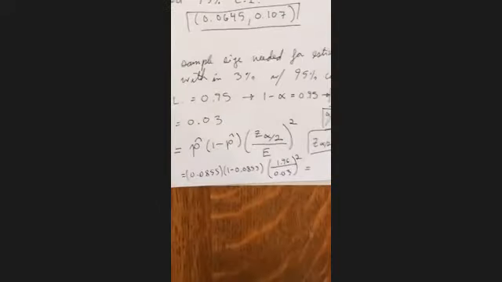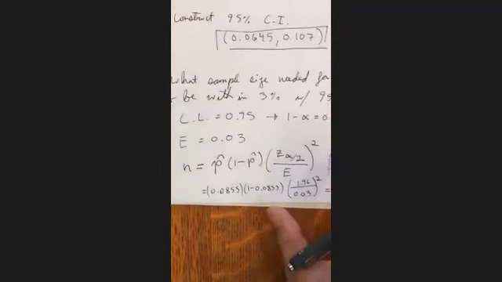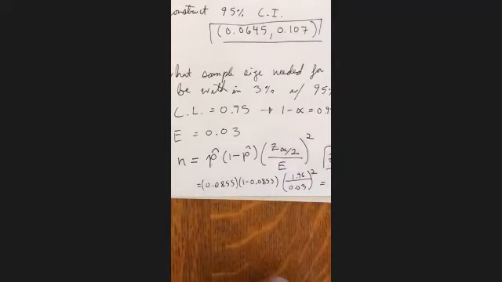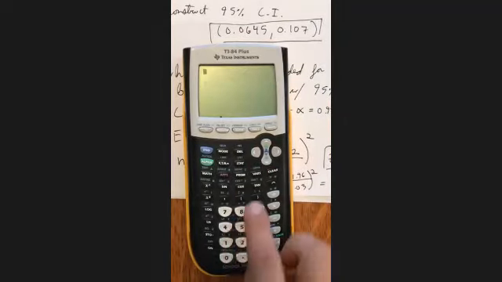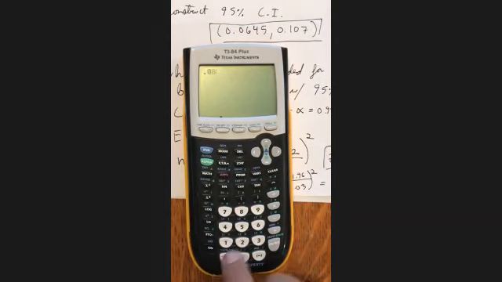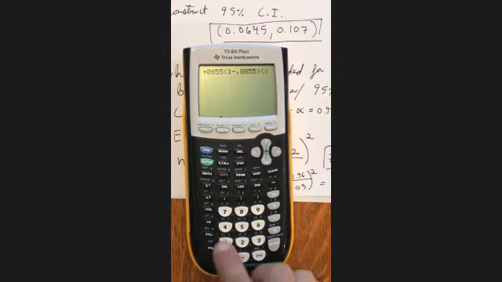So this is what we're calculating. Put it into a calculator. That is 0.0855 times 1 minus 0.0855 times 1.96 divided by 0.03, quantity squared.